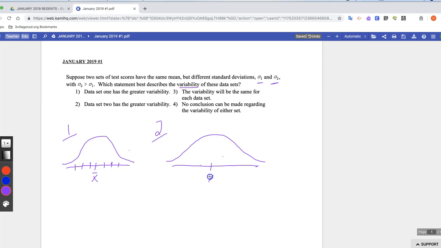And again, that's because if I put the mean in the middle here, if the standard deviation is larger, then the intervals here that I draw out from the mean have to be larger than when I drew from my test scores in group 1. And so because of this, the data is more spread out, and thus data set 2 has the greater variability.